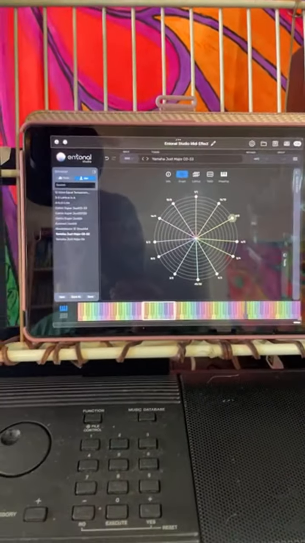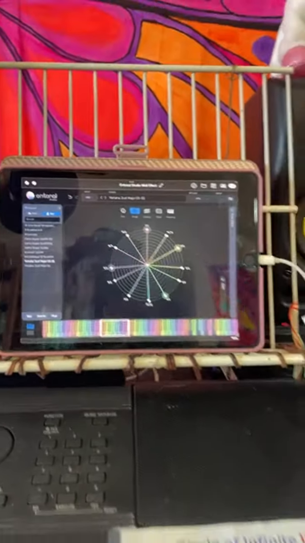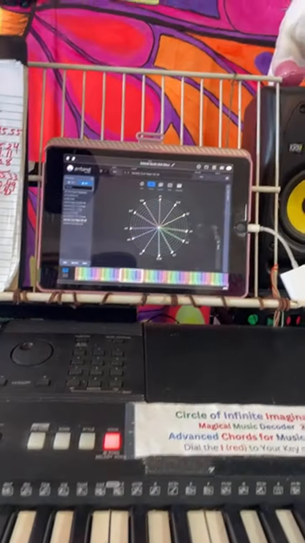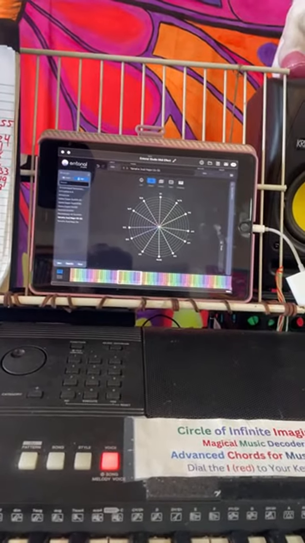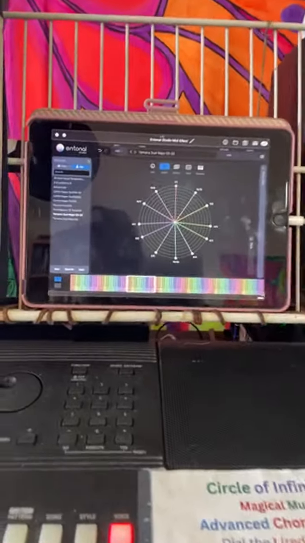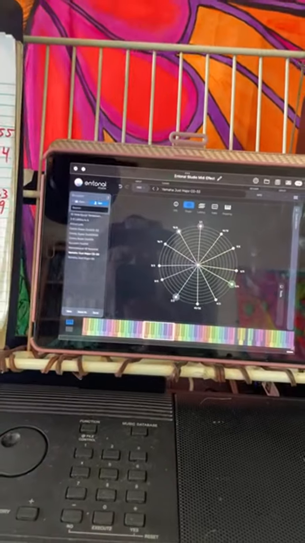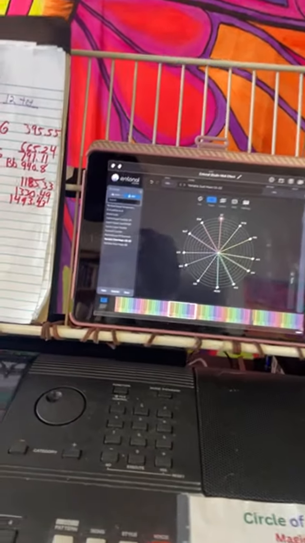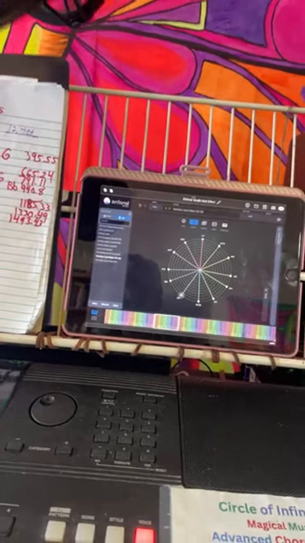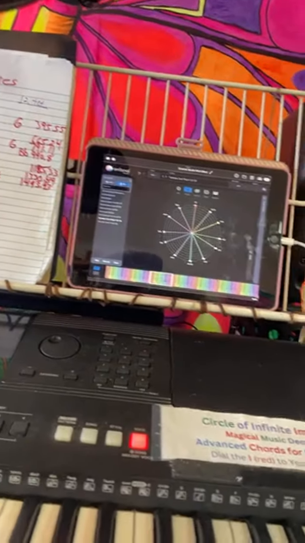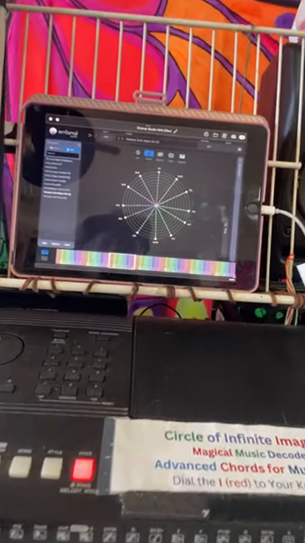I think it does give you some flexibility in terms of playing additional notes outside of your given key, right? A little bit of flexibility.